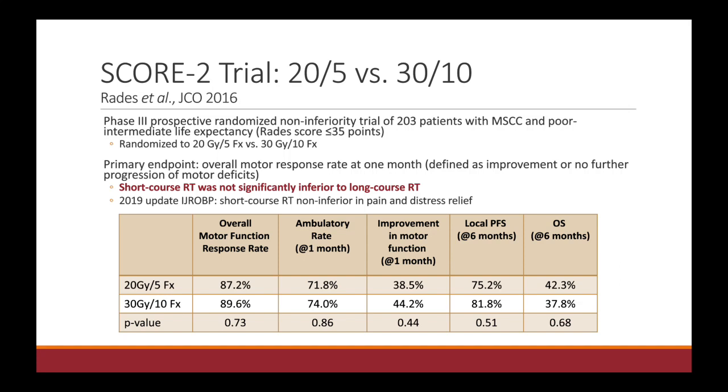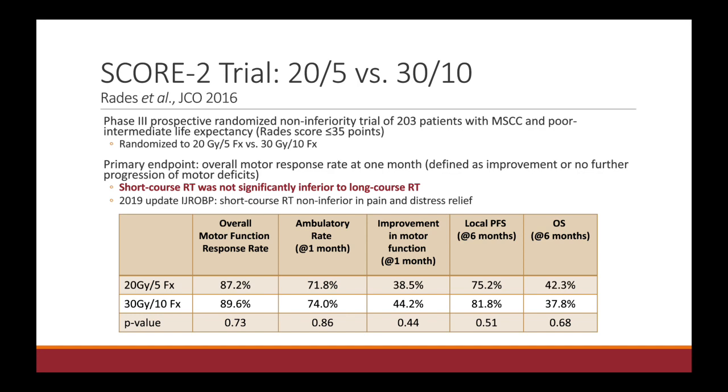The conclusions from this trial were that short course radiation was not significantly inferior to long course radiation. So it was a non-inferiority trial and the non-inferiority criteria were met. So short course radiation is non-inferior in terms of overall motor response rate. In 2019, they then published an update which actually showed short course radiation is non-inferior in terms of pain and distress relief as well.